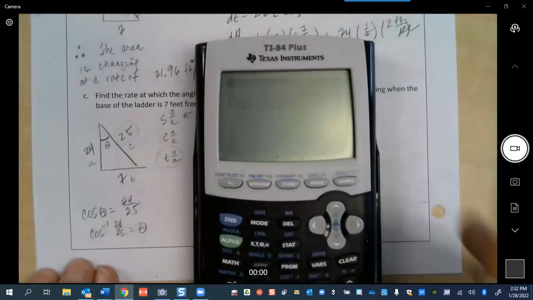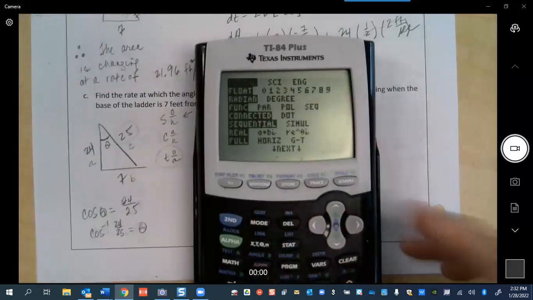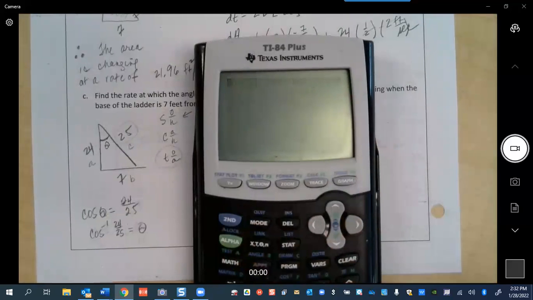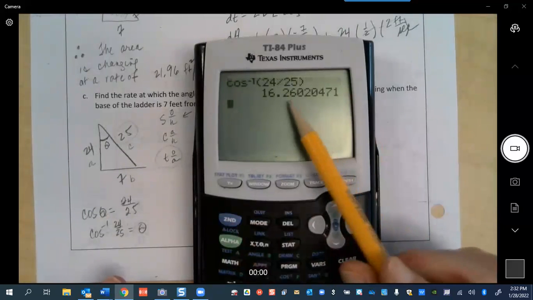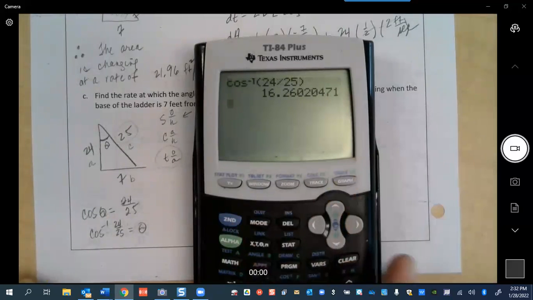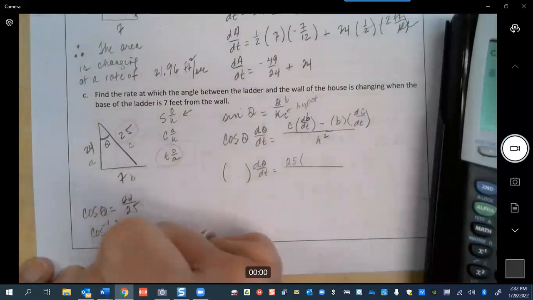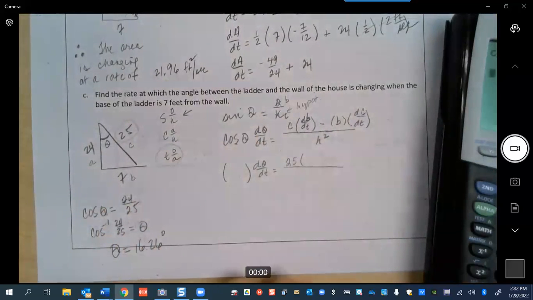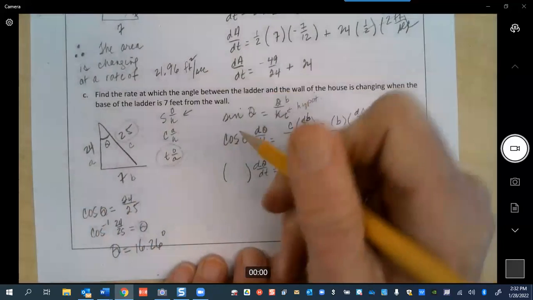So that's when you make sure your mode is in degrees, and you ask the calculator what angle has a cosine of 24 divided by 25? And it'll tell you that's a 16-degree angle. So my theta angle measurement is 16.26 degrees. So that's what goes in here.